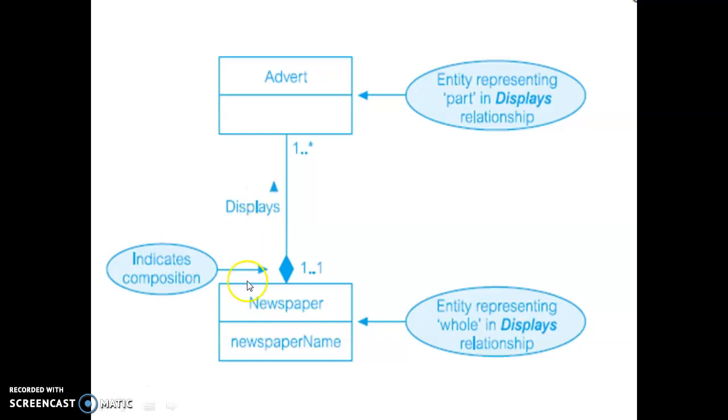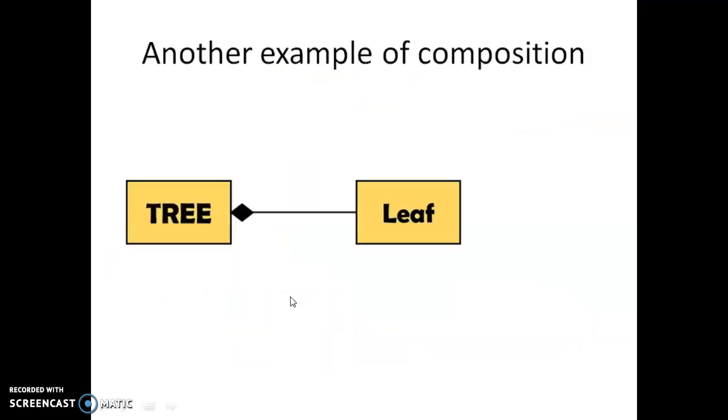And a filled diamond shape represents composition, which is placed next to the newspaper entity, because the newspaper entity is the whole in this relationship. This is another example of composition where leaf is part of tree.